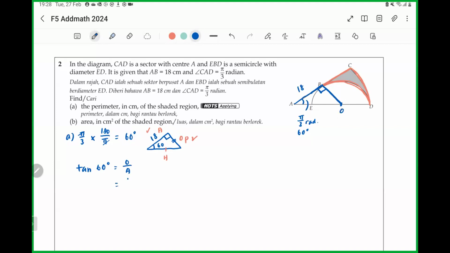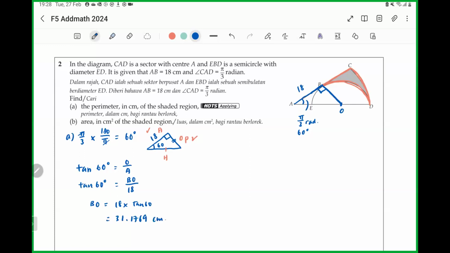Center O here, then it will be BO. Over adjacent is 18. So to find the length for BO, which is the radius, it will be 18 times tan 60. So you will get 31.1769 cm. This is the radius.